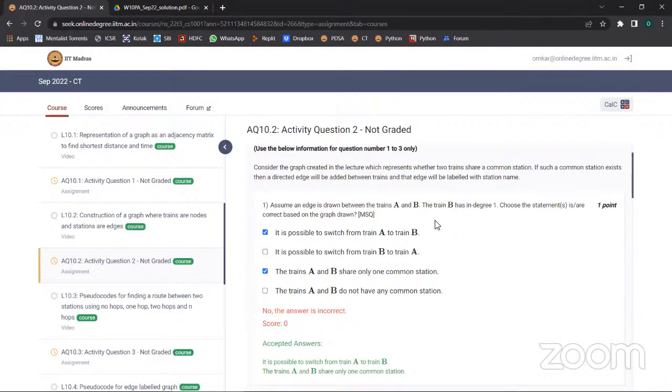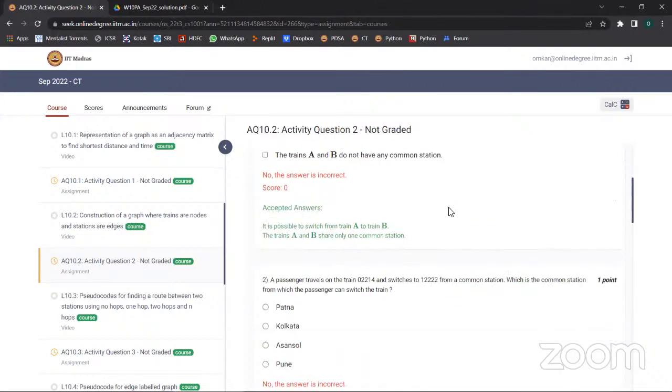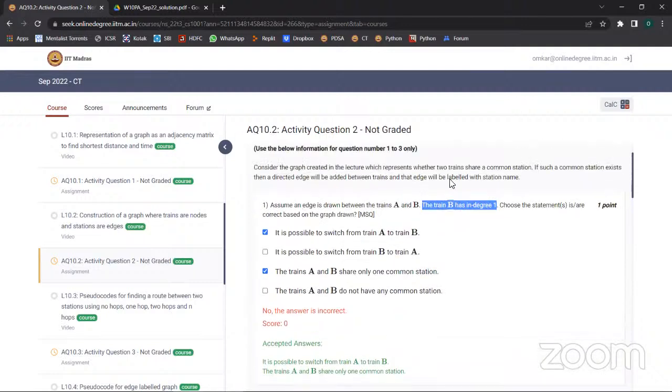The trains A and B share only one common station. See what we say, the train B has in degree 1. If train B has in degree 1, that means what? B has only one edge. Sir, I think question number 2 is a good example for this. Okay, I'll come to question number 2, but let me first, I don't want actual data for this.